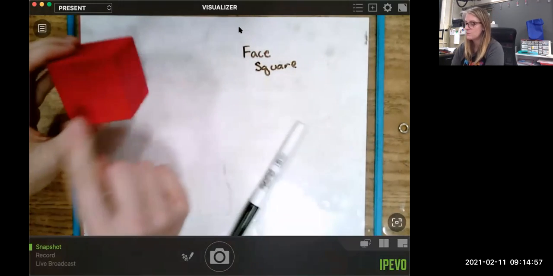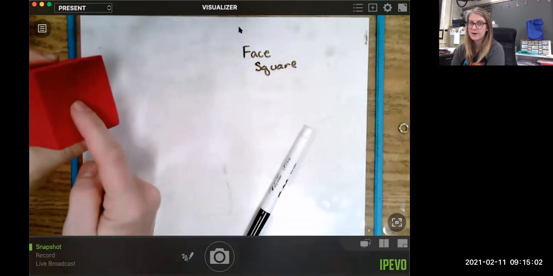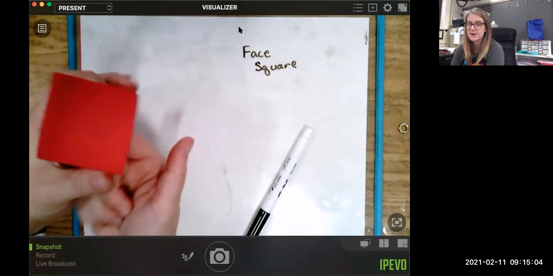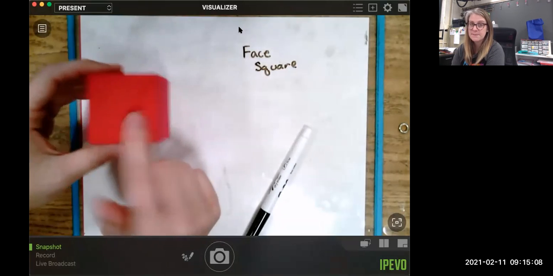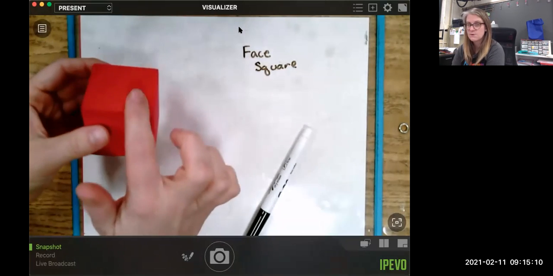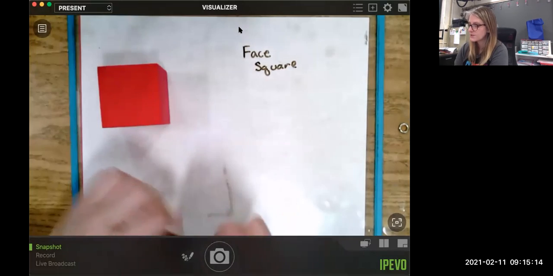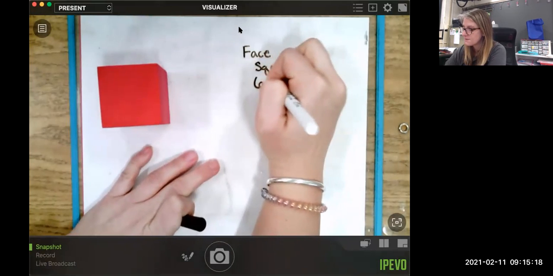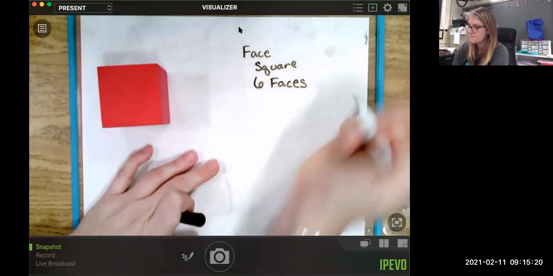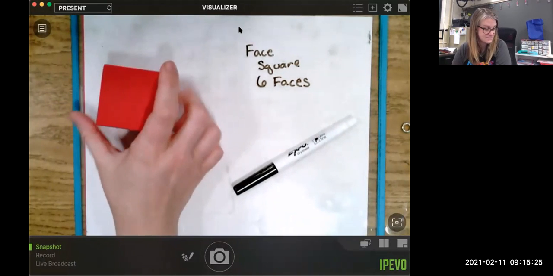So we can count 1, 2, 3, 4. There are 4 faces around the side, and then there is 1 on top and 1 on the bottom. So 4 plus 2 is 6. So our cube has 6 faces.